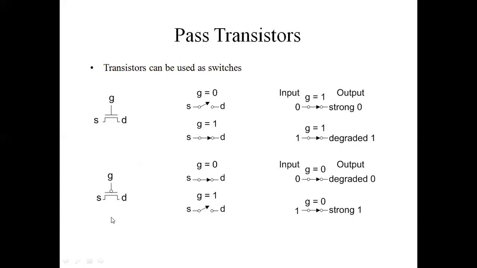And when you consider the PMOS transistor for gate equal to 0, it acts as a switch, but it gives the degraded logic 0 and passes the strongest logic 1. So here the pass transistor means the transistor acting as a switch to pass the logic 1 or the 0 present at the input.